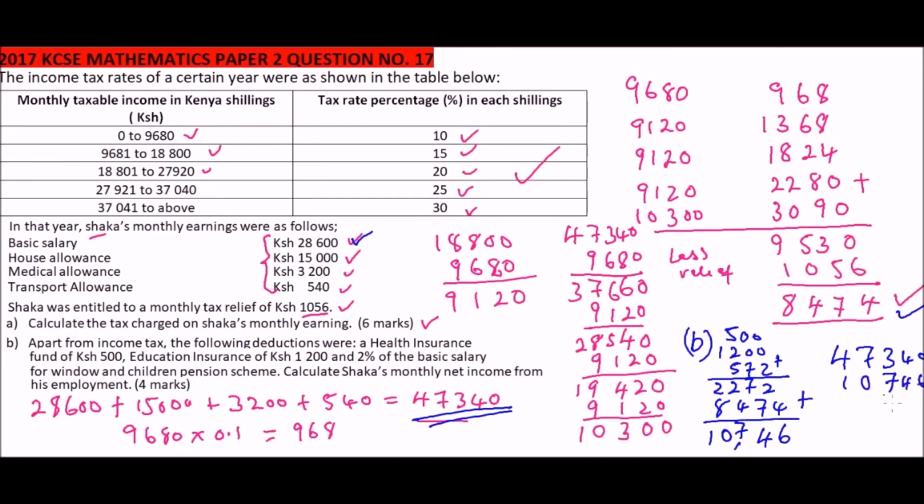When you subtract that, you get 36,594. So this is the amount of money that you will be taking home at the end of the month, and that is how you work out that you earn yourself 10 marks.